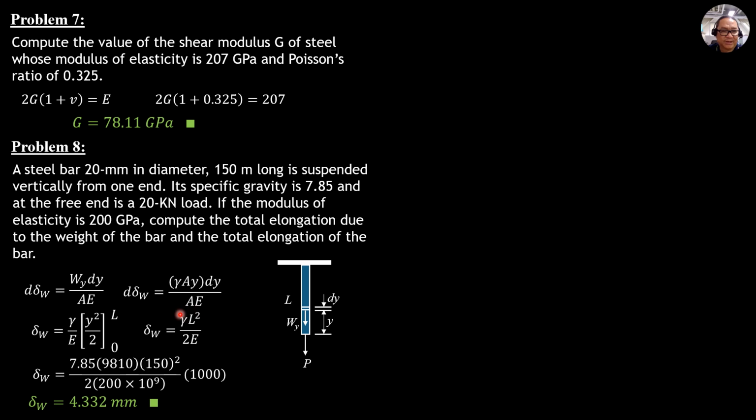Then due to the axial load P, it is just PL over AE. So the total deflection is the deflection due to weight plus the axial deformation, PL over AE. P is 20,000 newtons, length 150 meters, so newton meter.